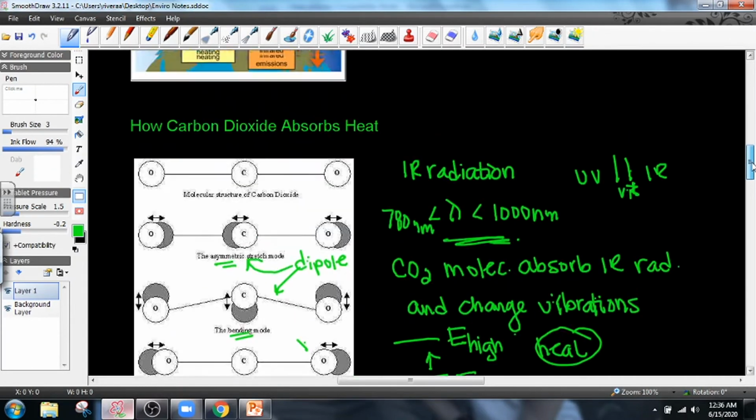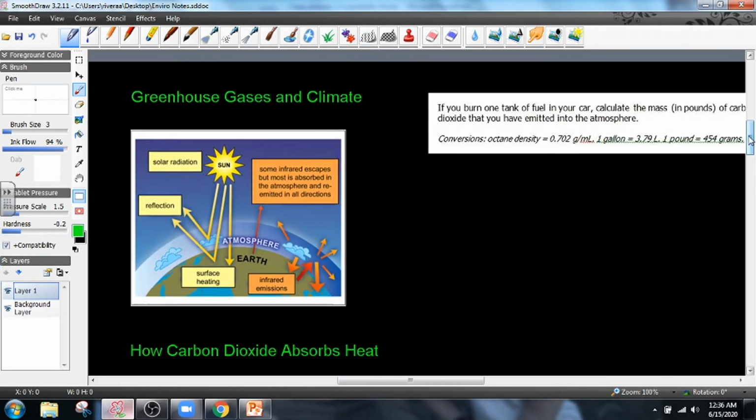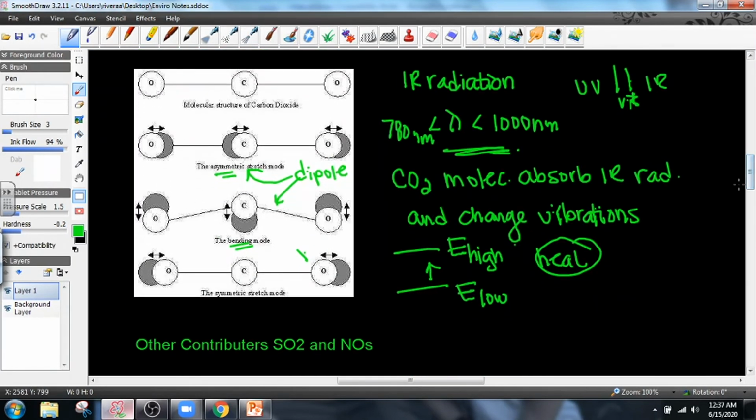So if we go back to our greenhouse gas effect here, if I start pumping into the atmosphere lots more CO2, all of this IR radiation that would find its way out is not going to find its way out. It's going to hit these CO2 molecules, change their vibration, increase their kinetic energy, and this whole portion of the atmosphere is going to get warmer. So if people are like, I don't understand why a gas traps radiation, that's all it is. It's about quantized vibrational energies.